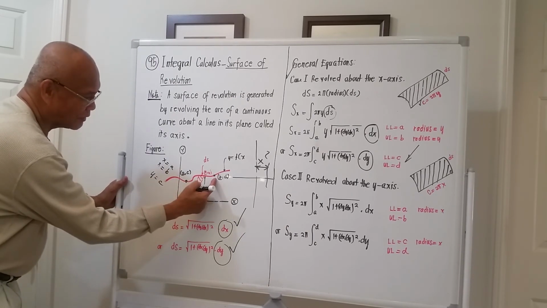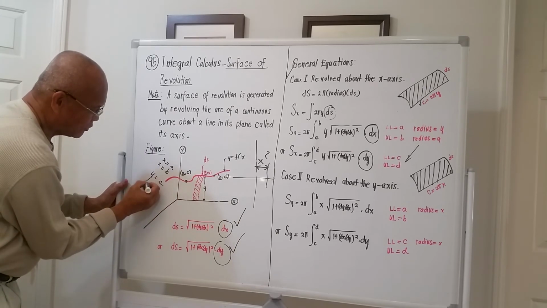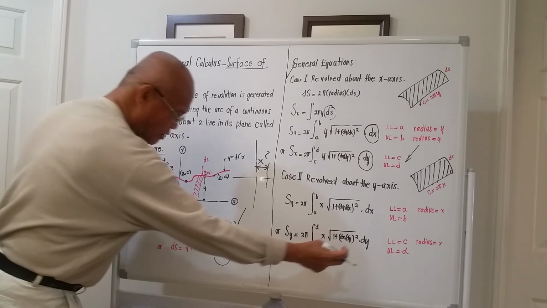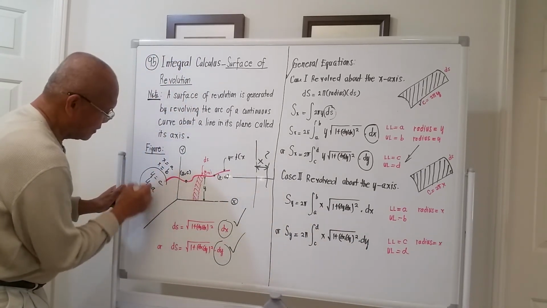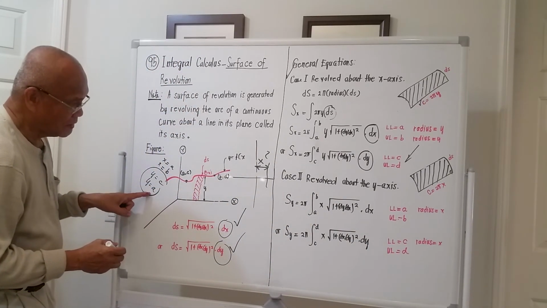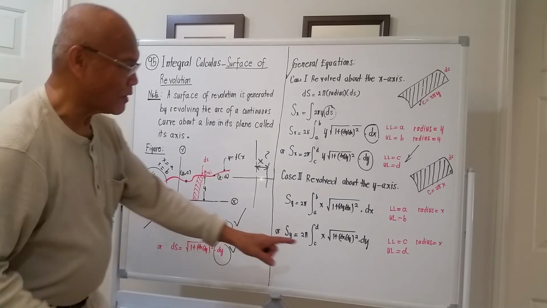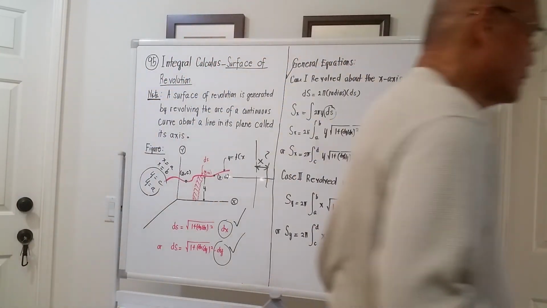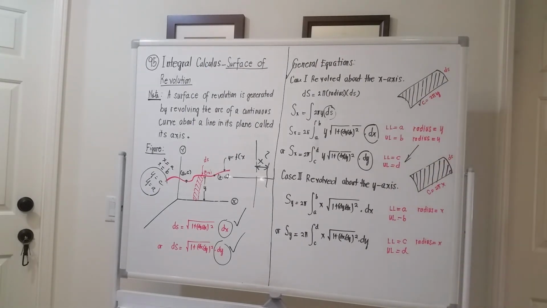Second point, y is equal to d. So the limit, if we are integrating with respect to y, should be from c to d. The limits here are abscissas. The limits here are ordinates. This is also ordinate.